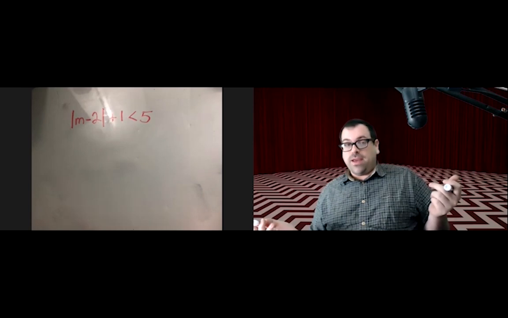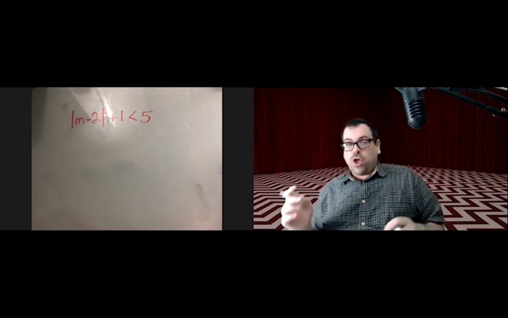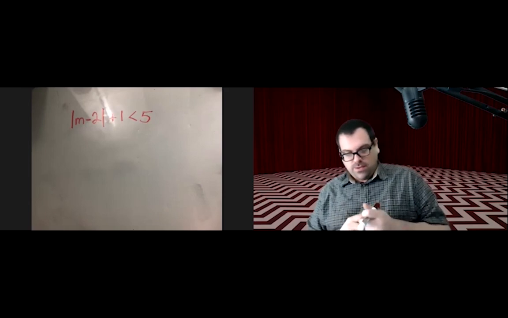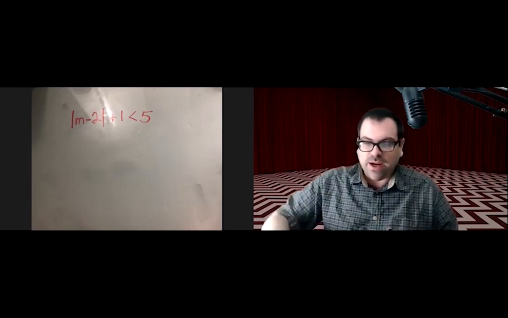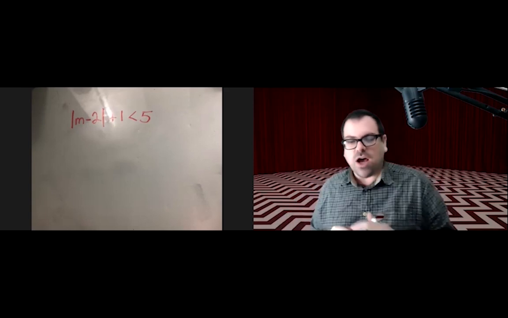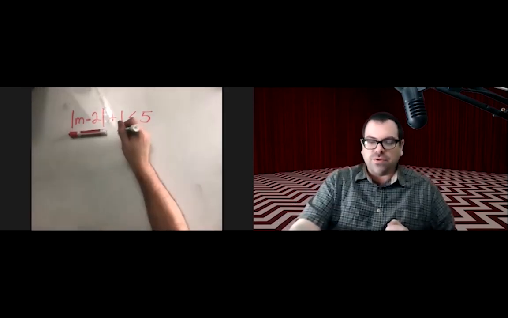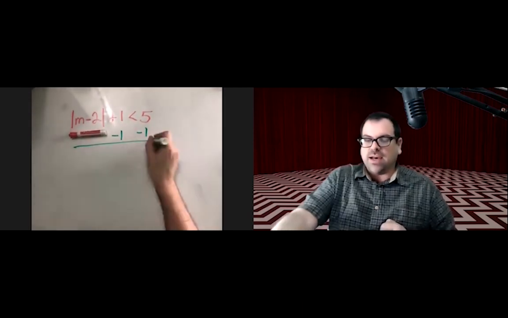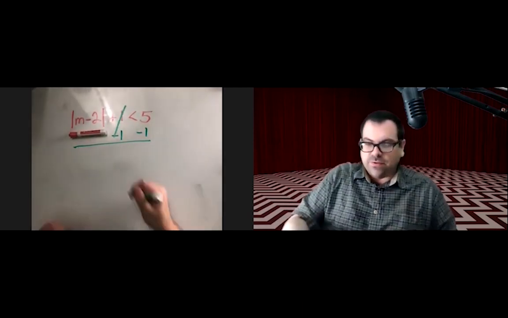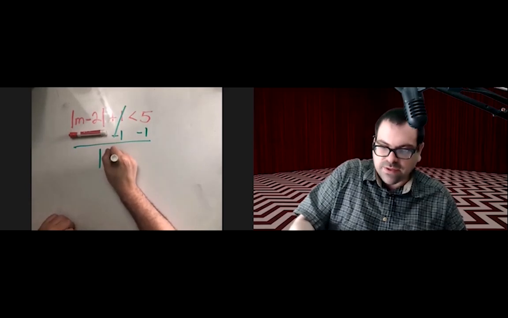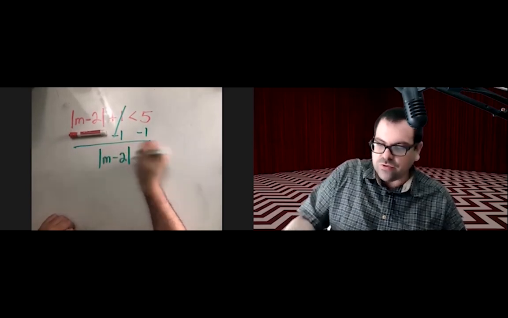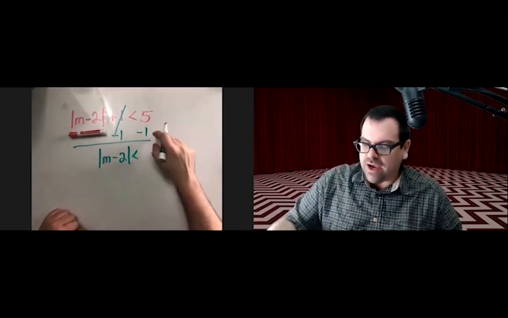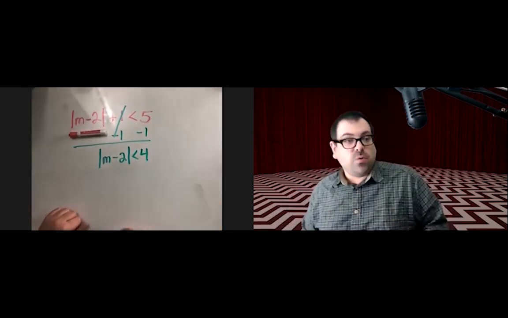Can we use our method yet? No. Why? That's right, because the absolute value is not by itself. We have to subtract 1 from both sides to isolate the absolute value, and we will have the absolute value of m minus 2 by itself with a less than sign. 5 minus 1 is 4.